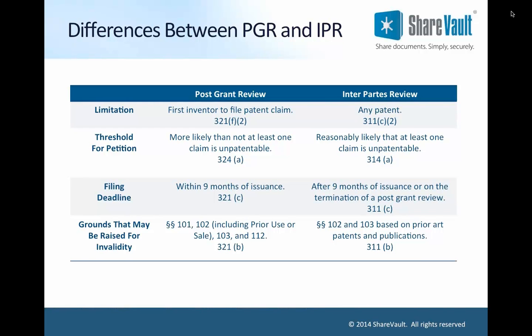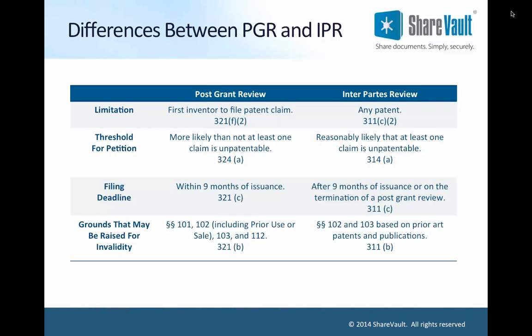In comparison, the inter-parties review applies to any patent claim, both those filed before March 16th and those that are filed after. And since any patent claim can be in an inter-parties review, of course, many more, those have been going on for longer, and there's a lot more record on them.